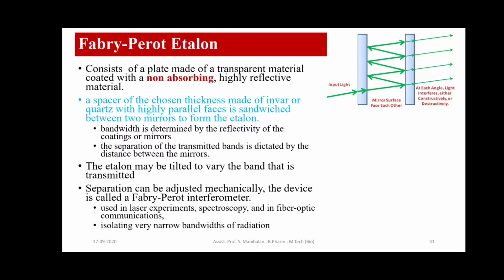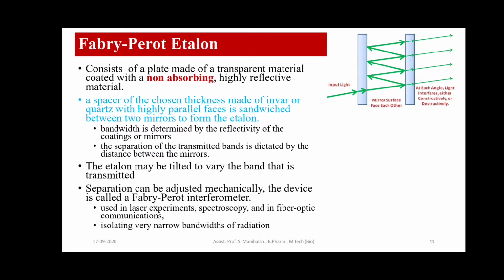See that the blue vertical bars are mirror 1 and mirror 2. They are transparent or semi-transparent, right? The input light, which is the incident light, the green arrowhead, goes and is transmitted through the first mirror and hits the second mirror. From the second mirror, 50% of the light is transmitted and 50% is reflected.